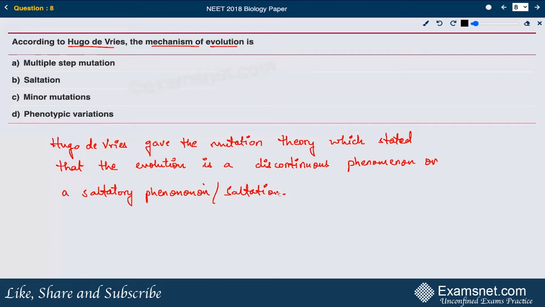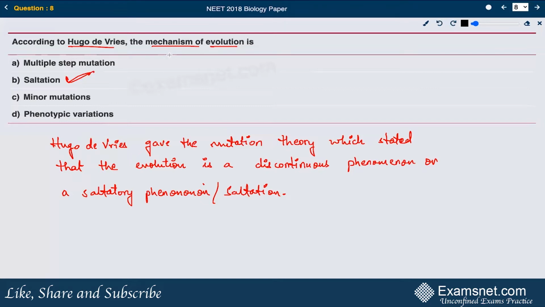So he was the first person to contradict Darwin's theory of natural selection. All right, so we can say that option B is the correct answer.